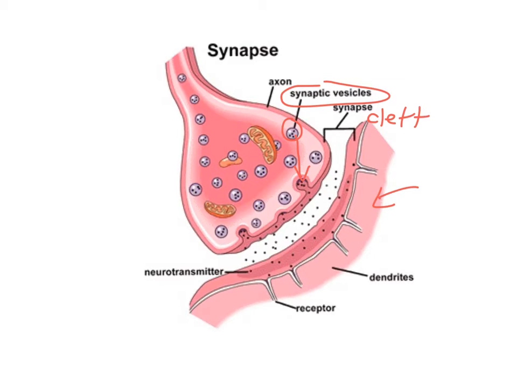Then they fit into receptors on the dendrites of the target neuron, which grab the neurotransmitters, and they fit perfectly right in. Then the neurotransmitter in the receptor continues on through the dendrite and throughout the receiving neuron as a chemical signal.